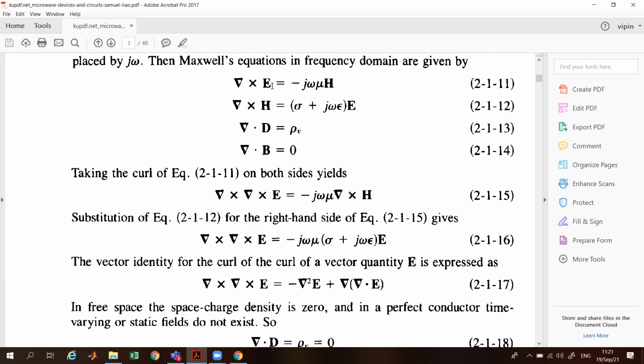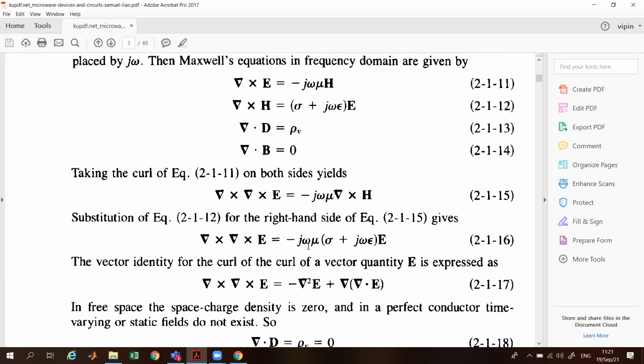So, if we take a curl of this one again, then we have curl of E vector, which is equal to minus j omega mu curl of H vector. Now this term can be replaced by this term. So we have curl of curl of E vector equal to this part.